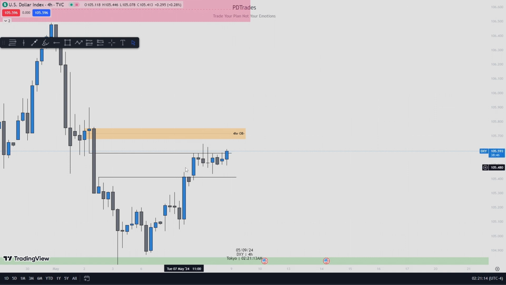You see that? This imbalance was filled, meaning this entire imbalance here was rebalanced. After rebalancing, it made a retracement inside using this fair value gap, now making it an inversion fair value gap.